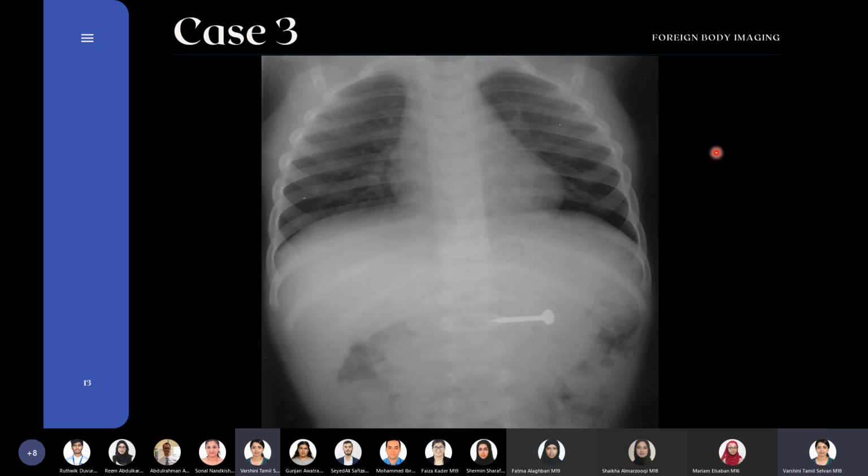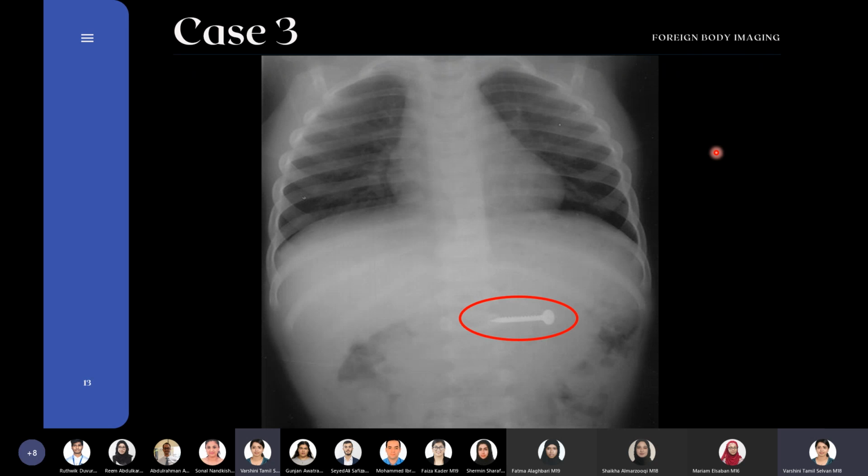Is it a frontal view or a sagittal view? Yes, it's a frontal view. Which area do you think the abnormality is in? Which area do you think the foreign body is present? Yes, absolutely right. It's in the abdominal region.